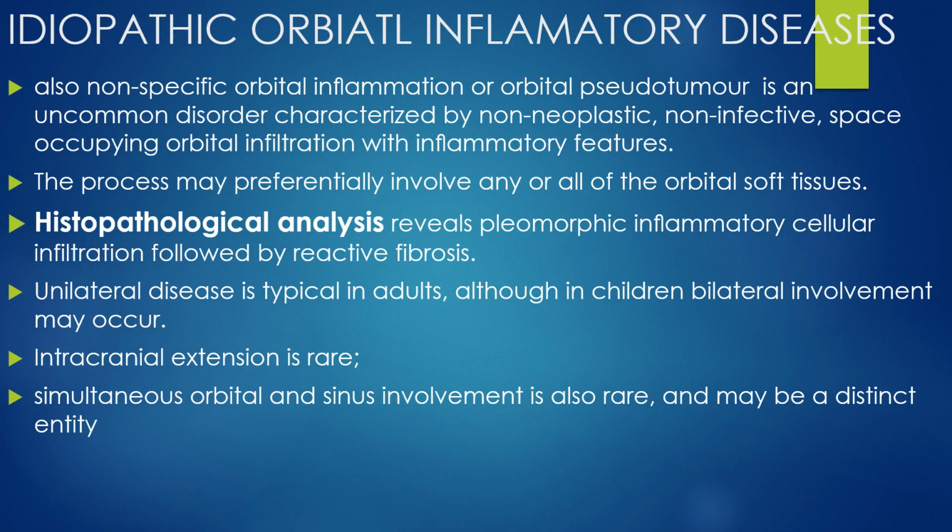Histopathological analysis reveals pleomorphic inflammatory cellular infiltration followed by reactive fibrosis. Unilateral disease is typical in adults, although in children bilateral involvement may occur. Intracranial extension is rare. Simultaneous orbital and sinus involvement is also rare and may be a distinct entity.